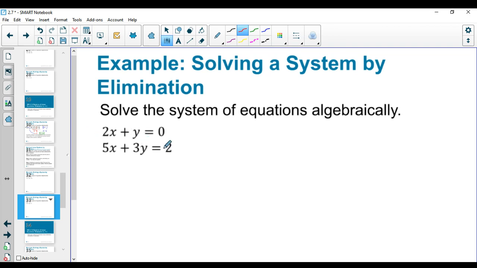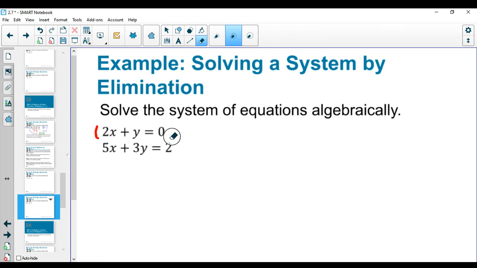Remember how we could add or subtract either of these? So I can multiply the top side by 3, but then I would have to subtract, right? Because I would want 3y minus 3y. I personally like adding more, so I'm going to do a little trick up top, and I'm going to multiply by -3.